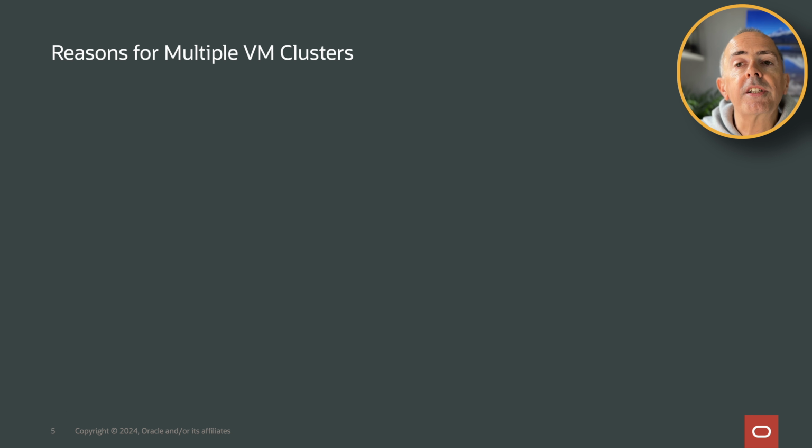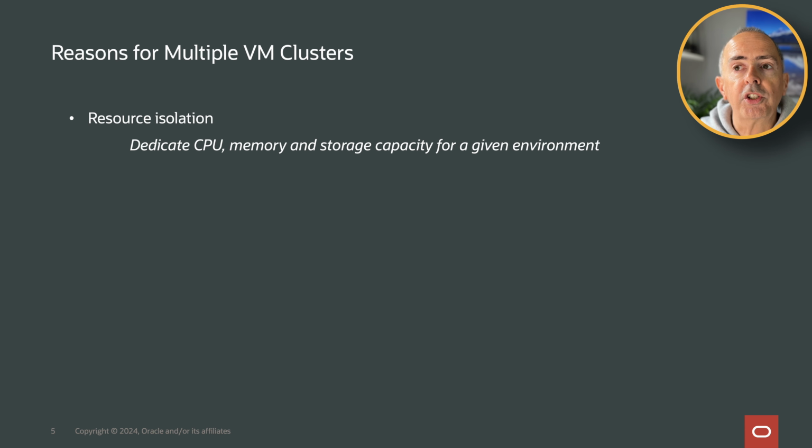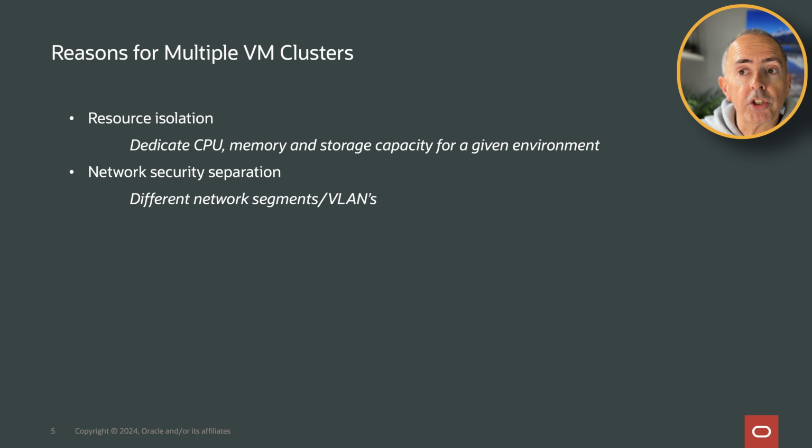So let's look at some of the reasons for needing multiple VM clusters. Probably the main reason is around resource isolation, as the VM cluster gives you your own dedicated CPU, memory, and storage for a given set of workloads. It also gives you network security separation, allowing you to have different network segmentations and VLANs.